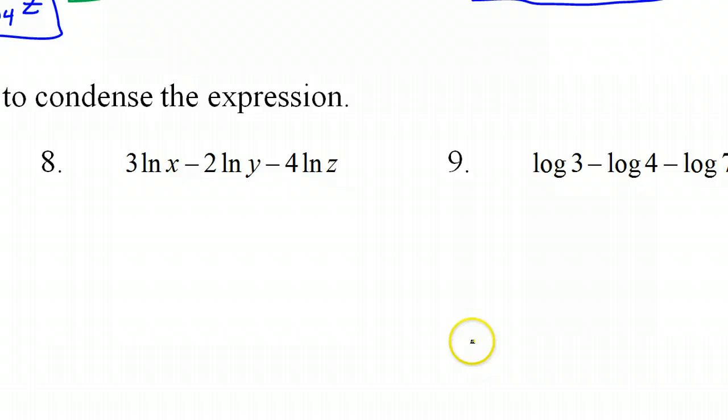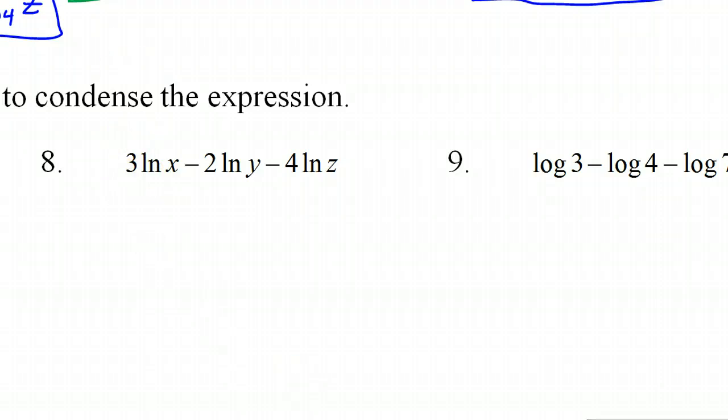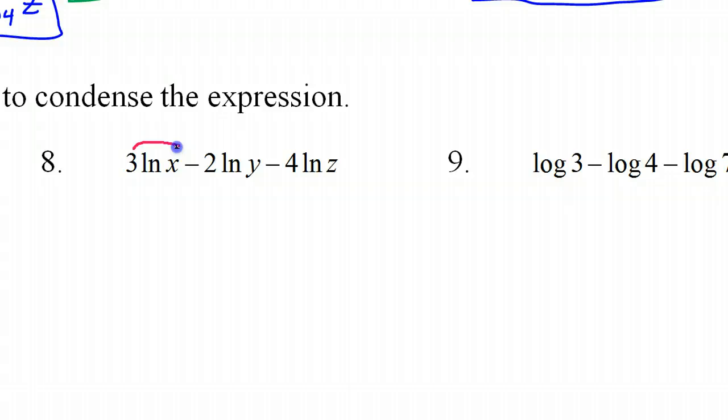Okay, number 8. Always reverse the exponent property first. So all of these coefficients that are in the front, they will all become exponents. So what you hear me saying is this 3 is going to become a power.